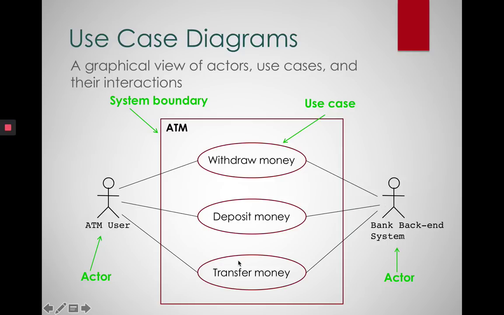Similarly, the other two use cases also both involve the user and the bank back-end system. Each system under development typically has a main use case diagram like this one.